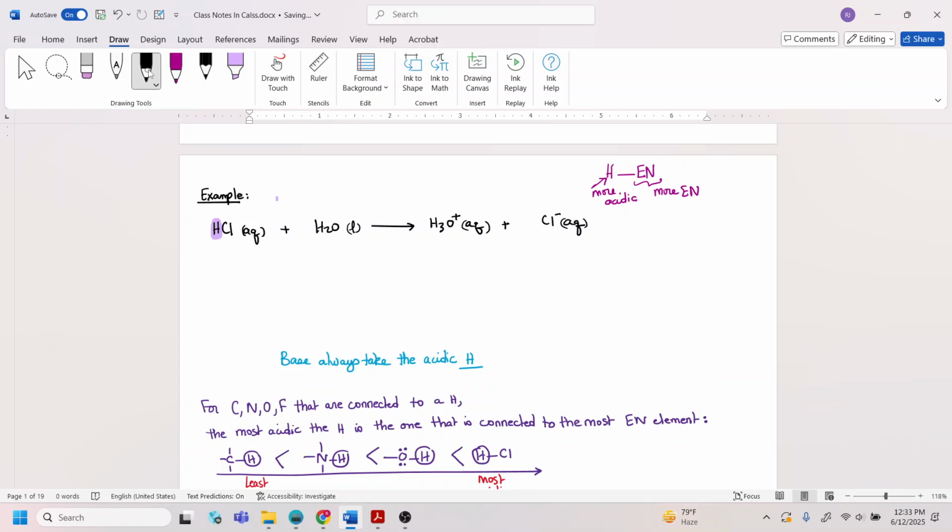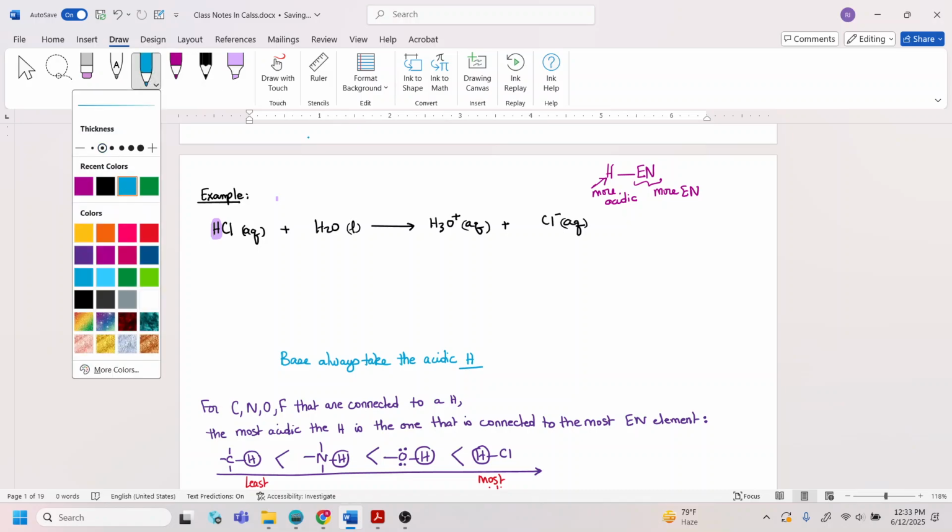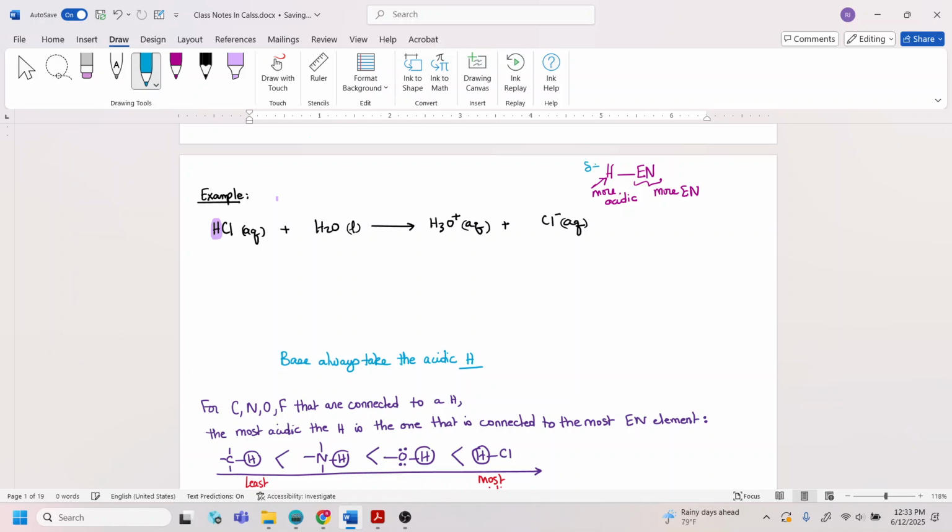Why? Because we measure the acidity by how electron poor the hydrogen is, and we represent the electron poor by partial positive. Normally hydrogens of acids are electron poor, and the more electron poor they are, the more acidic they are.